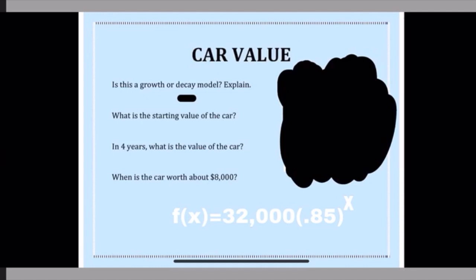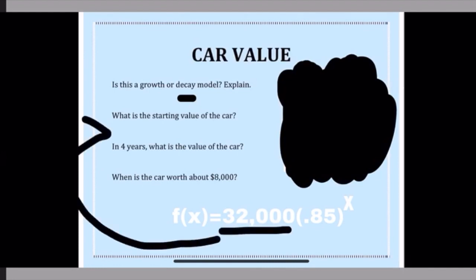Now, what is the value of the car starting at? We could see that the A value is 32,000, so we put 32,000 in place of the starting value, or A. And what is the value of the car in 4 years? What you could just do is get your calculator, plug in the equation I made, and in place of x, just put 4.